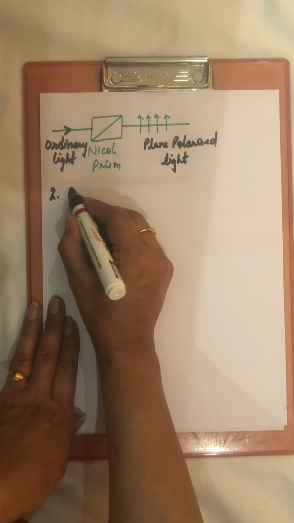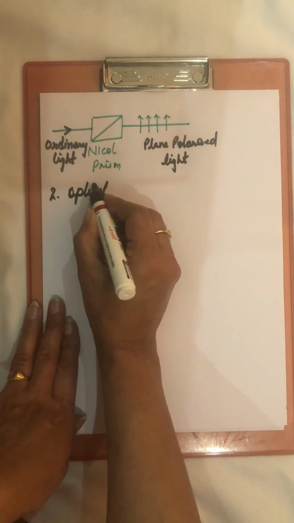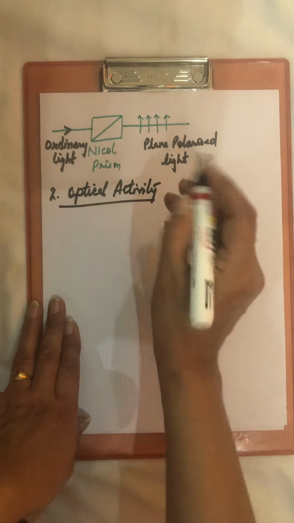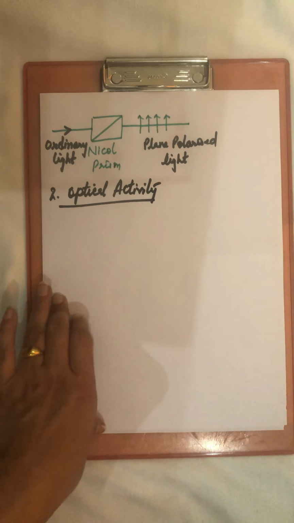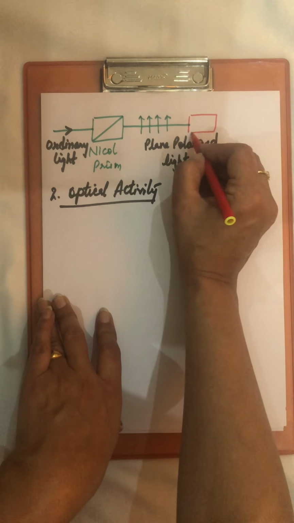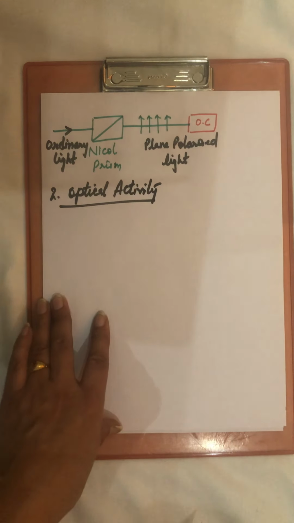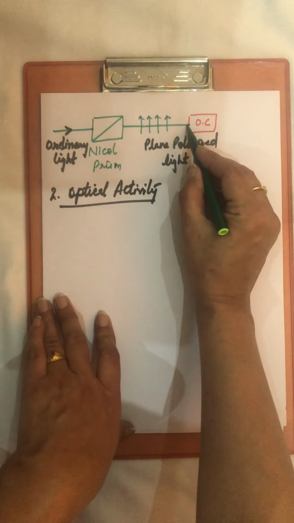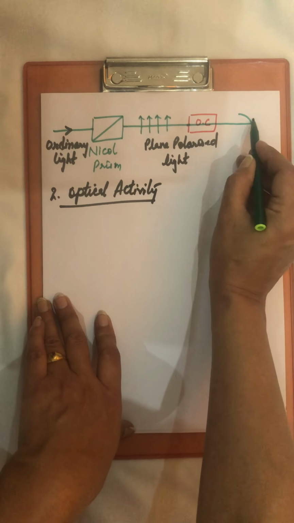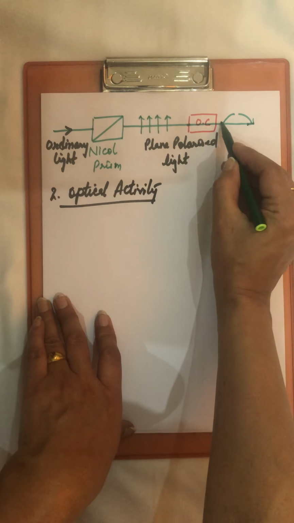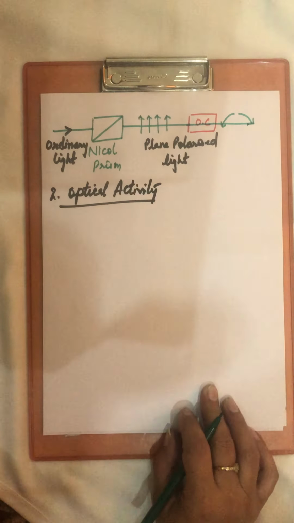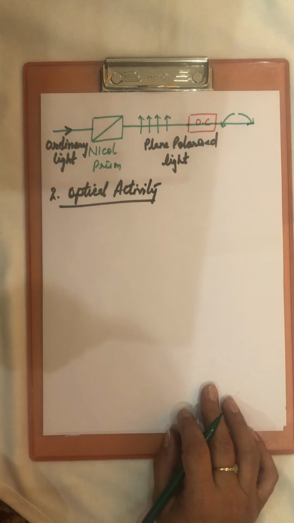The second term is optical activity. Now, if this plane polarized light we pass through some solution, some organic compound solution we are taking, and after passing through this compound the light either rotates towards the right hand side or towards the left hand side, we'll say this compound is optically active, that this compound shows optical isomerism.